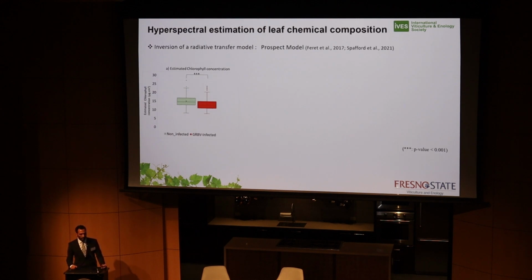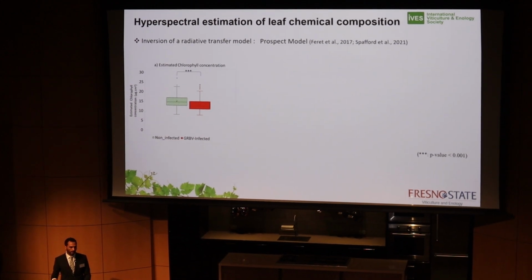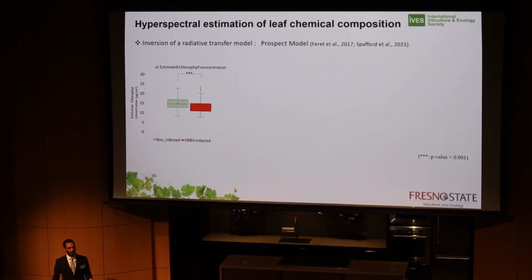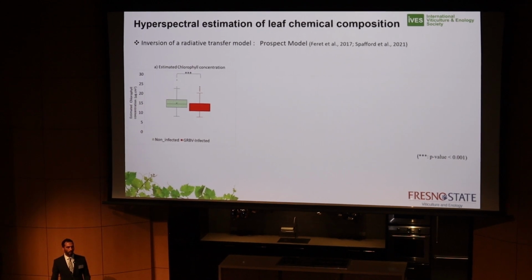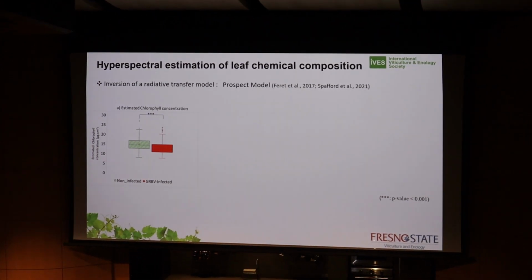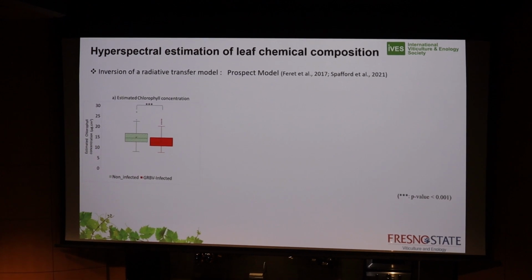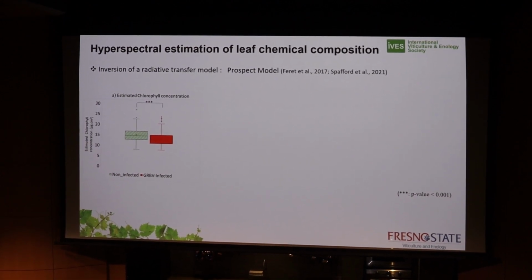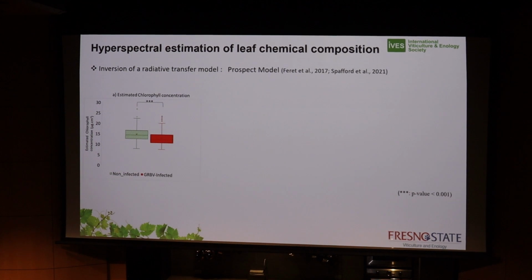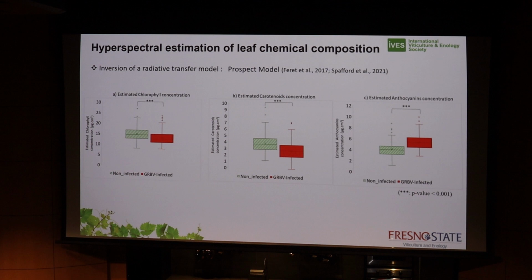And then we push the hyperspectral sensing more, and then we use radiative transfer models to estimate what are the different compounds in the leaves given their spectroscopy signal. And you can see here a series of box plots where we assess chlorophyll, carotenoid, and anthocyanins, which are affected by the disease, in the infected plants as opposed to the not infected plants, infected in red. And you can see that we can estimate the amount of chlorophyll concentration, carotenoids, and anthocyanins.